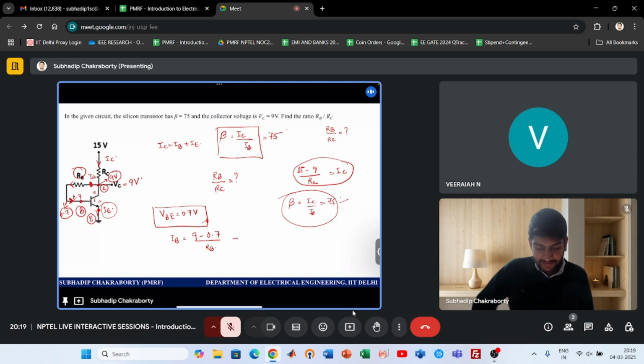What is 9 minus 0.7? 8.3 by RB. And what is IC? 6 by RC. So you know IC by IB is 75, and IC is 6 by RC, and IB is 8.3 by RB. So we know 75 equal to 6 by RC into RB by 8.3. So what is RB by RC?